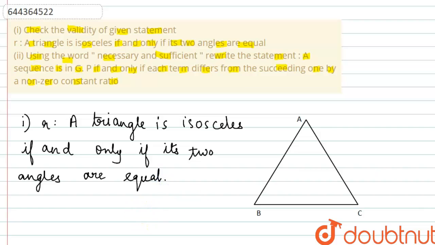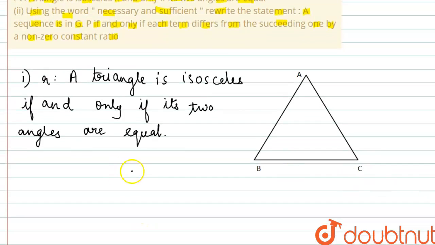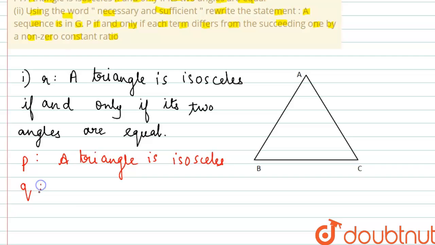So here now this statement, we can split it into two substatements. So we'll take two substatements as P. We'll take P statement as a triangle is isosceles, and another substatement as Q. We'll take Q as two angles are equal.